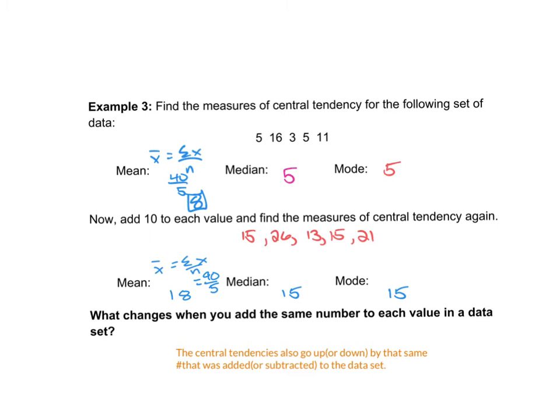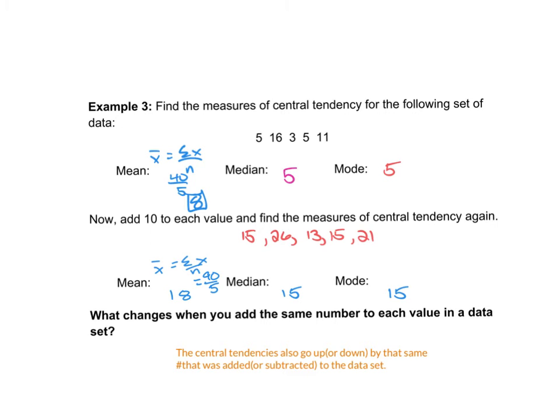So after putting that into our data, we should be coming up with an 8 as our mean, 5 as the median, and 5 as the mode. The second task there was to add 10 to each value, giving us 15, 26, 13, 15, and 21. And when we recalculate, we should end up with a mean of 18, median of 15, mode of 15.